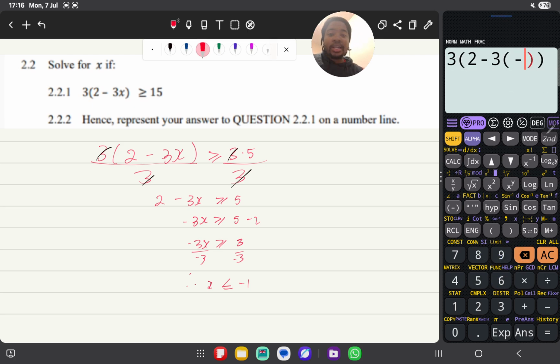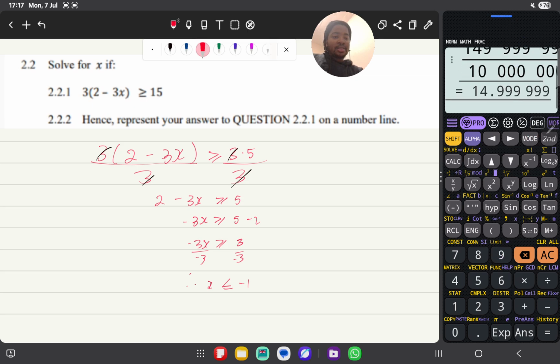Any number equal to or below minus 1 works. As soon as you substitute a number greater than minus 1, even if it's minus 0.99999, we are getting 14.999, not exactly 15. So yeah.